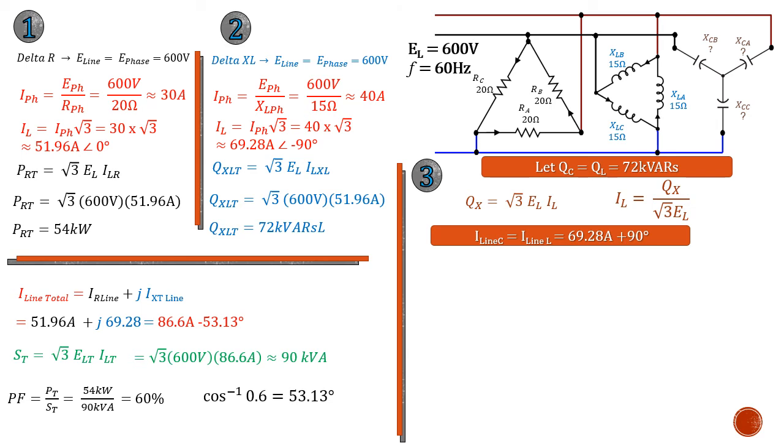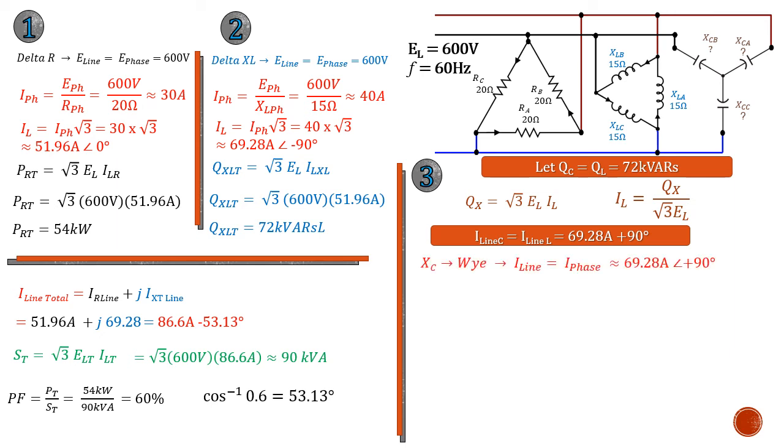Because it's the same voltage, it's the same power, it must be the same current. So we can jump right to the statement where I line capacitance must equal I line inductance, which in this case was, as calculated out before, 69.28 amps.